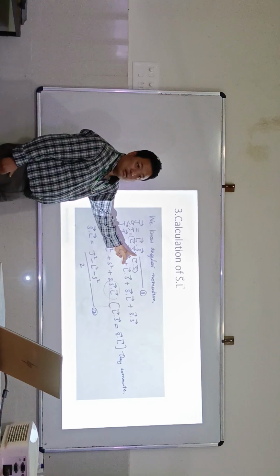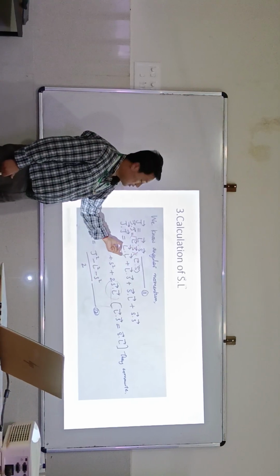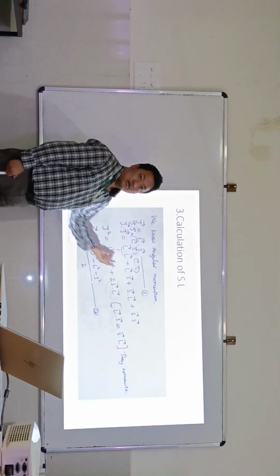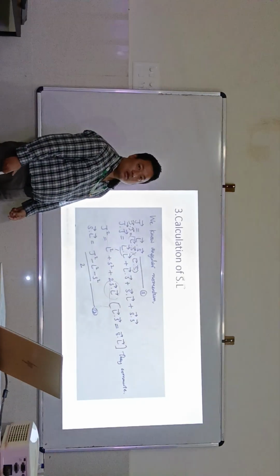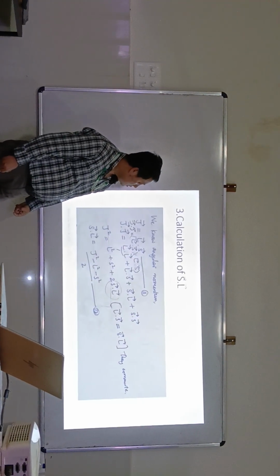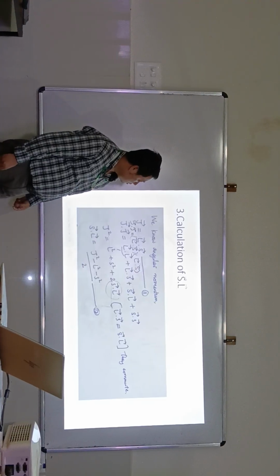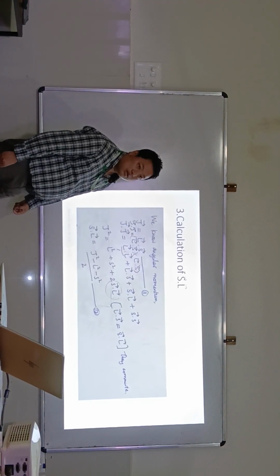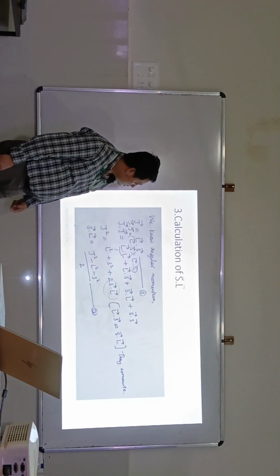Because we are multiplying this. If we multiply, then using the distributive property, each term can be multiplied with the second one, meaning L will multiply with the next L. Only if J is equal to L plus S is it possible.